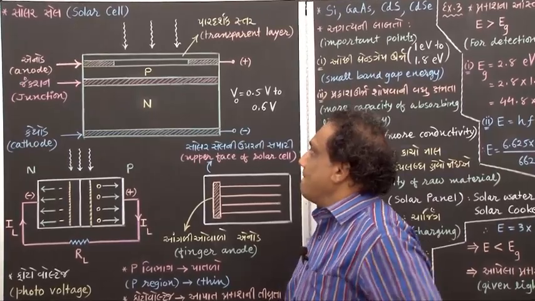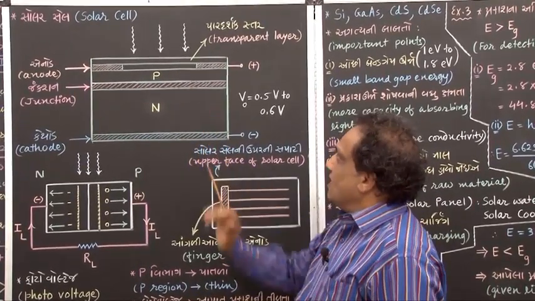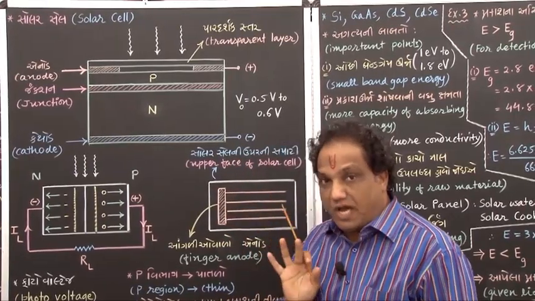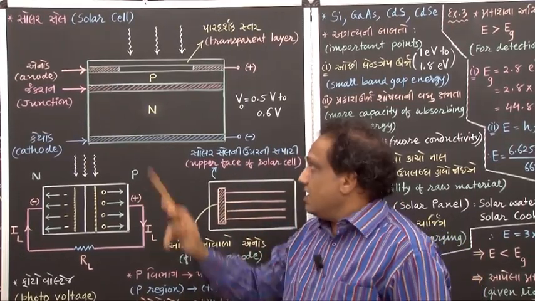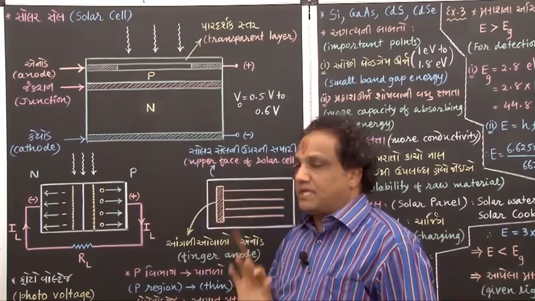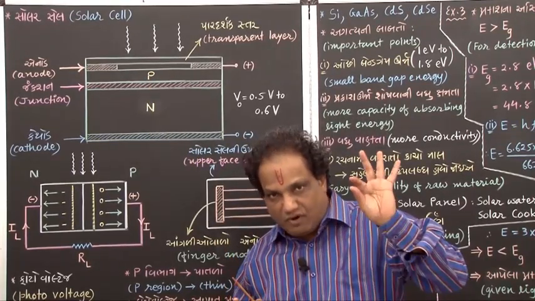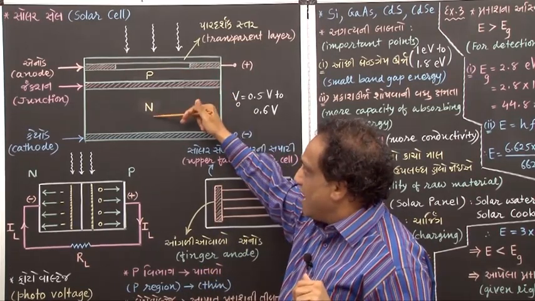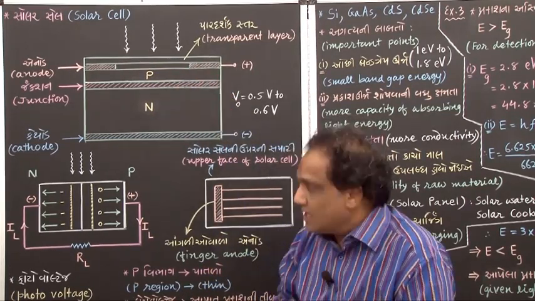Look, we have one normal PN junction diode, but here we keep a P-type semiconductor in the form of a very thin layer over the N-type semiconductor.